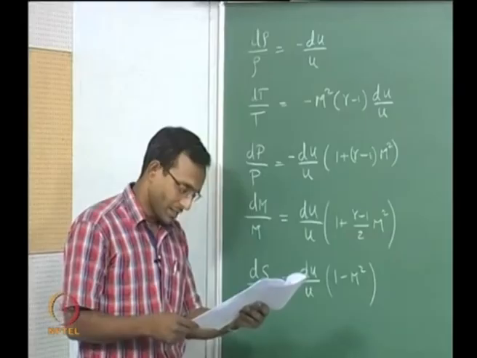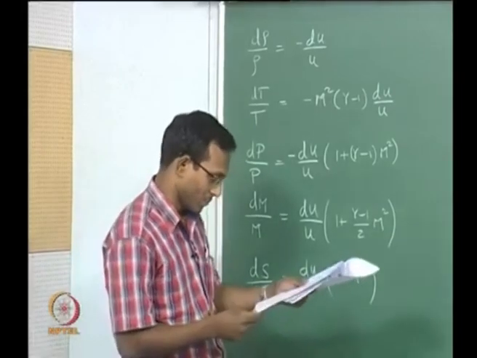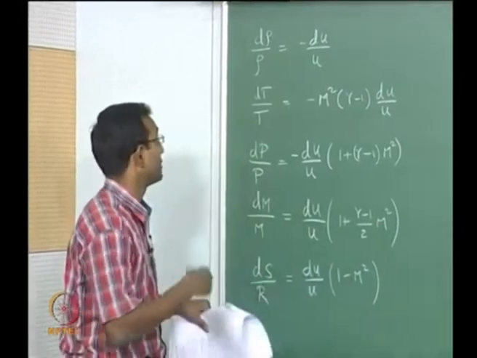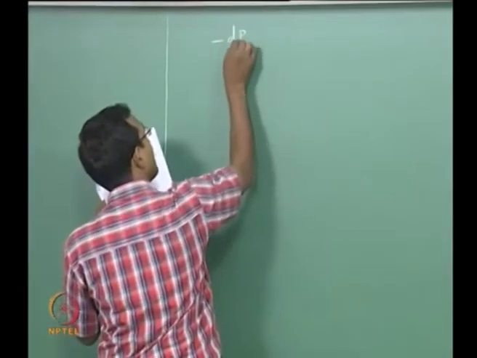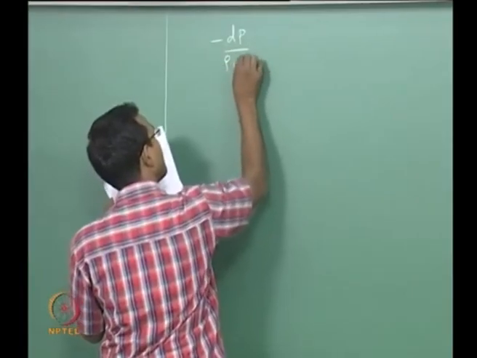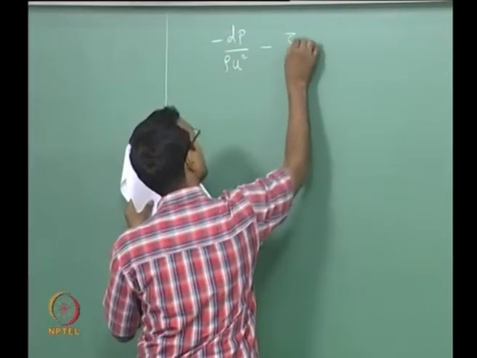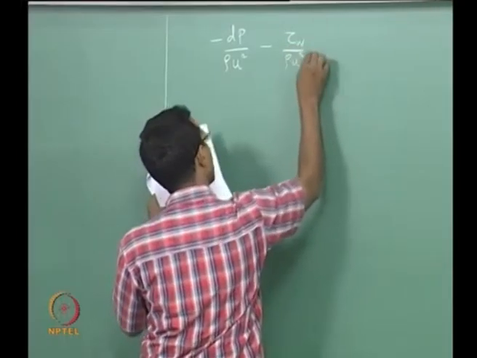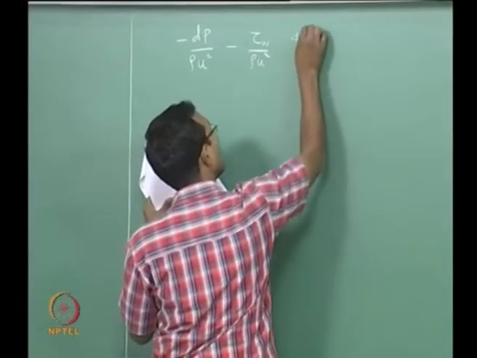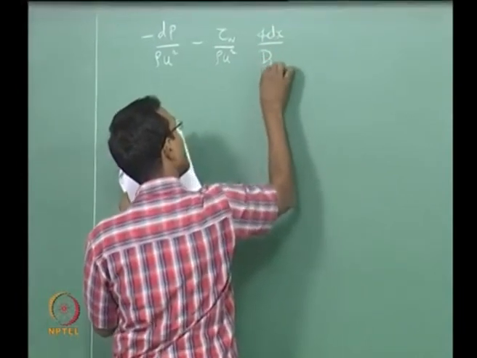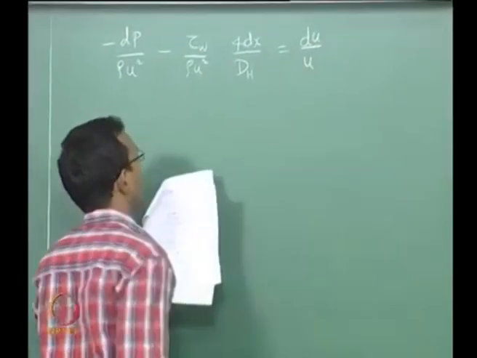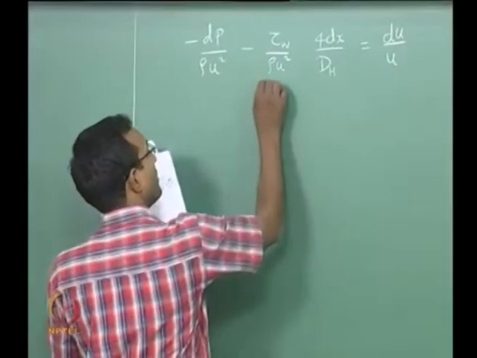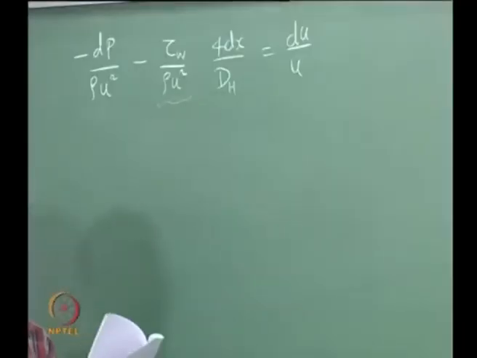That is where we stopped. And then we said we still have to use the momentum equation, which we did not use in any of these. We wrote it like this, and then we took a deviation, trying to get to one particular form in terms of the Fanning friction factor f.